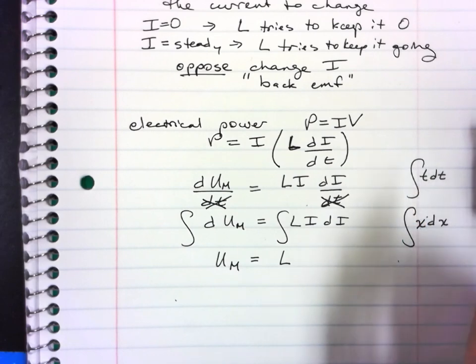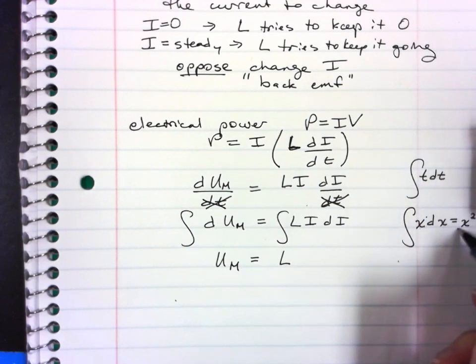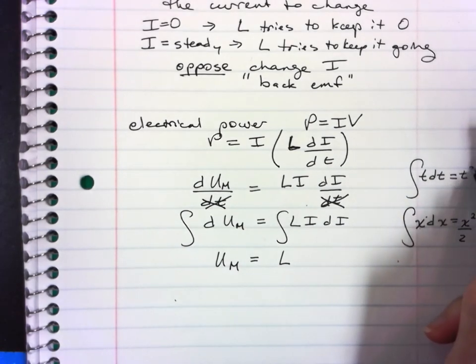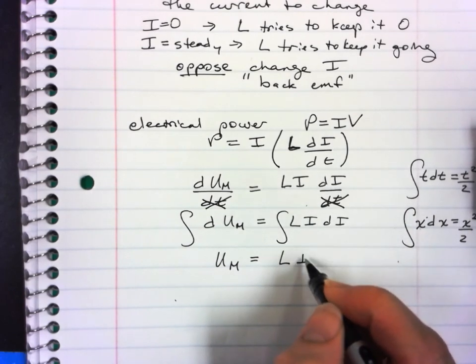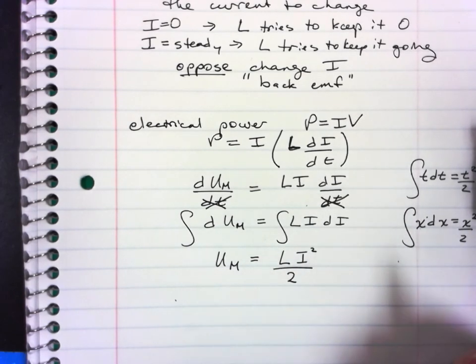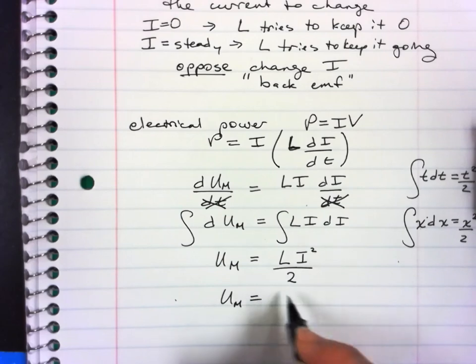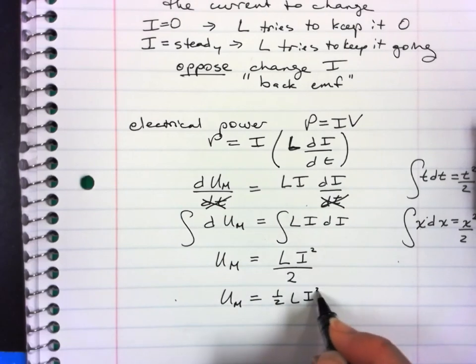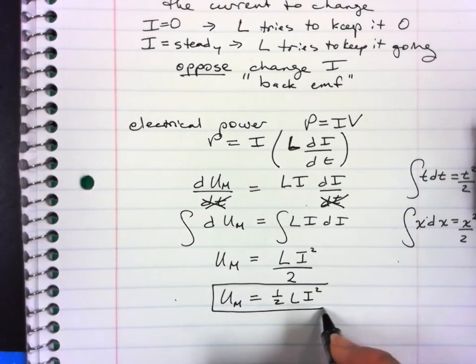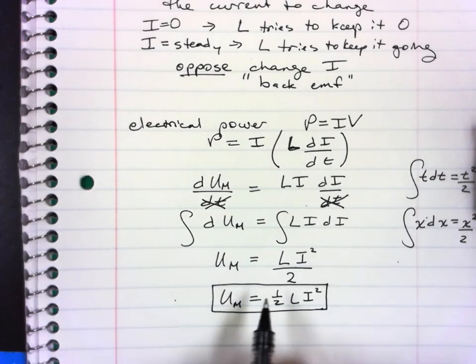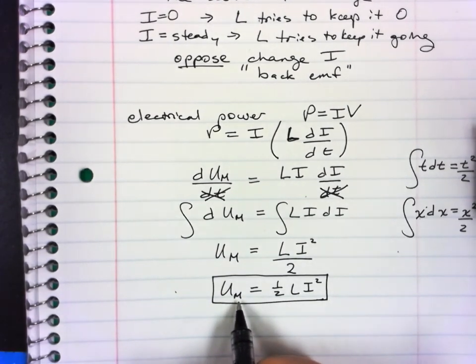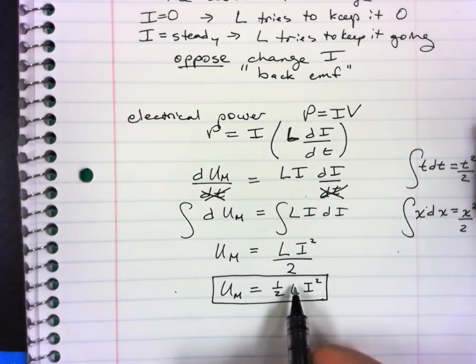So this is x squared over 2, or t squared over 2, or i squared over 2. And this is usually written so that it fits on one line: 1/2 L i squared. So the energy you store in an inductor is equal to 1/2 times the inductance times the current through the inductor at that moment squared.